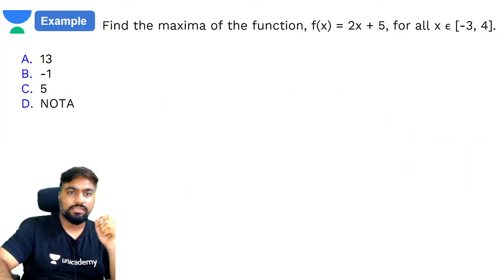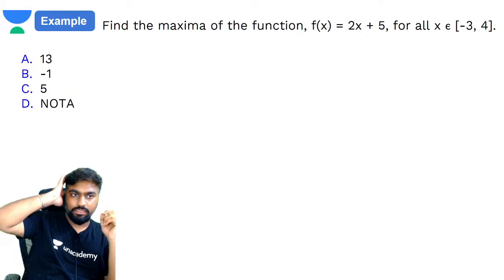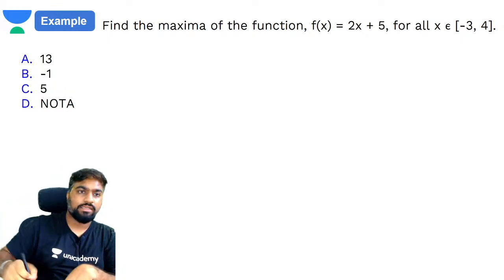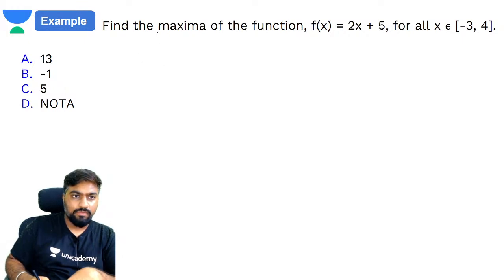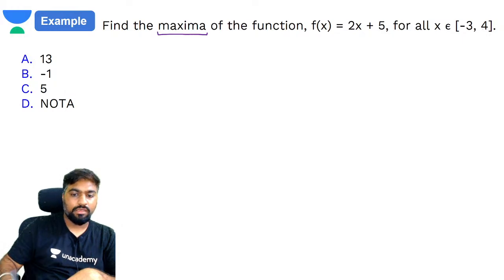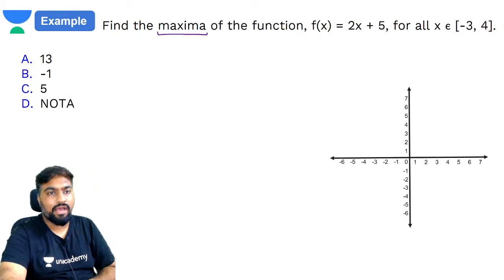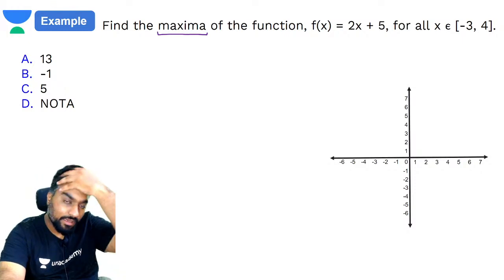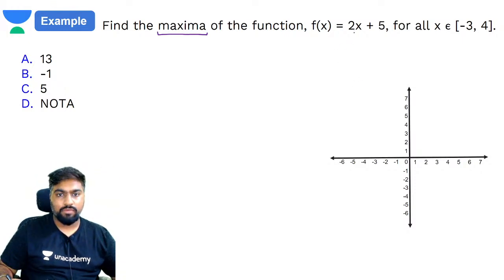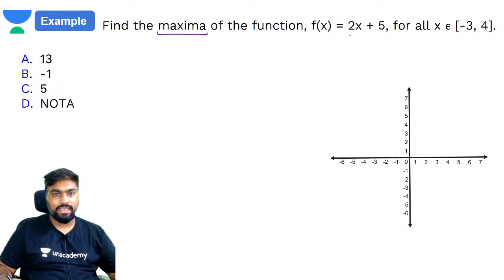Here it is, read this carefully. Find the maxima of the function. They're asking us to find the maximum possible value of the function f(x) = 2x + 5 for all x that belongs to [-3, 4]. That means if this is my graph, if I get 2 points, one on the x-axis, one on the y-axis, I can plot it.